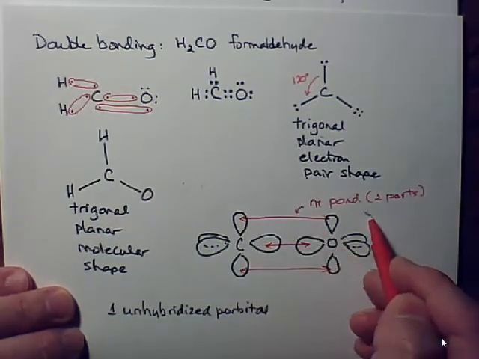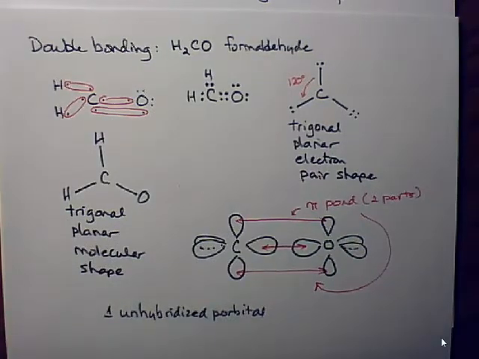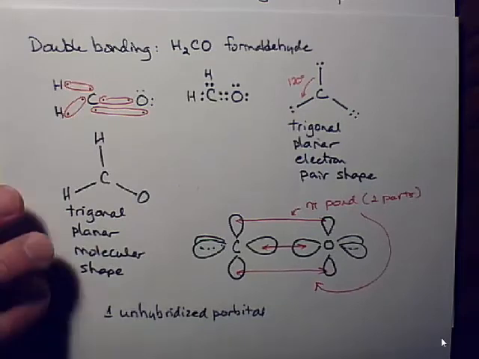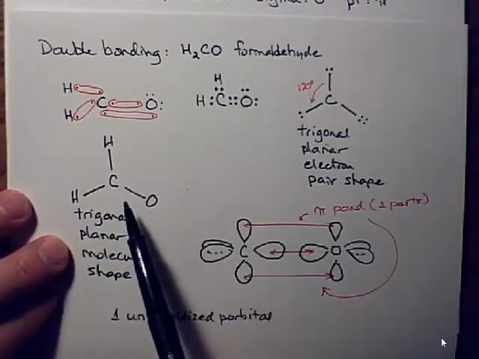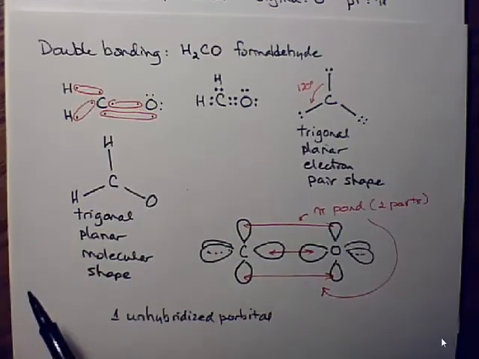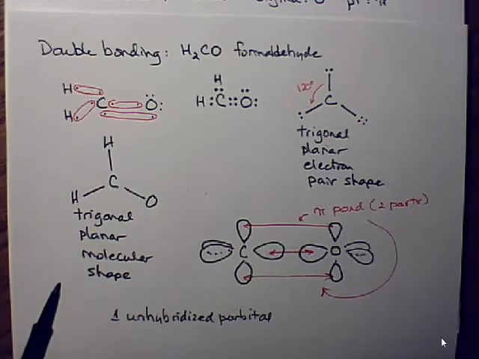So the pi bond is going to be here, and it's going to be down here. That's in 2 parts. So the actual shape of this orbital doesn't look anything at all like this Lewis dot formula or this. Okay, the shape of this bond is a little bit more complex. We need to know what it is and why it is. All right, we'll spend some more time on that on Monday.